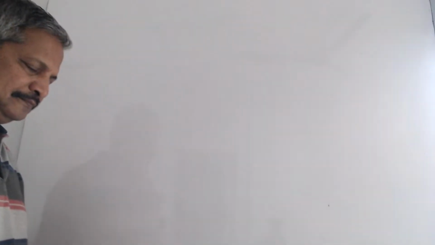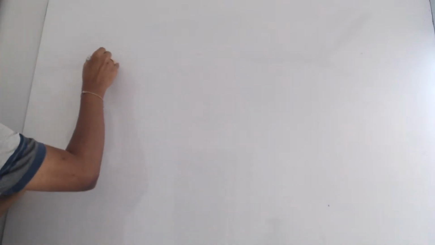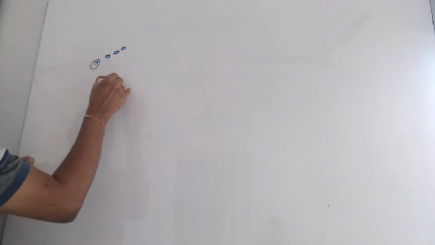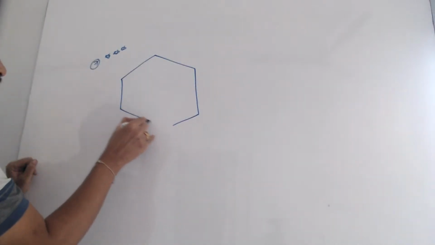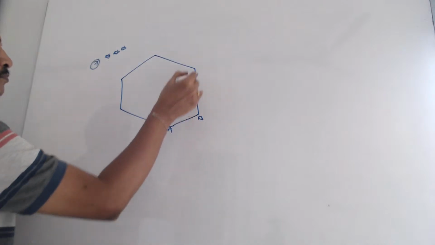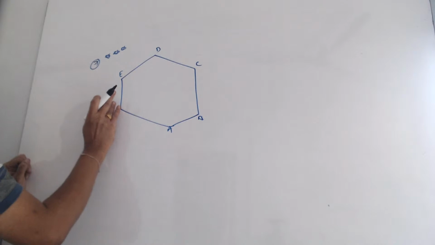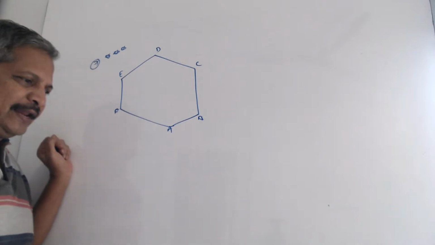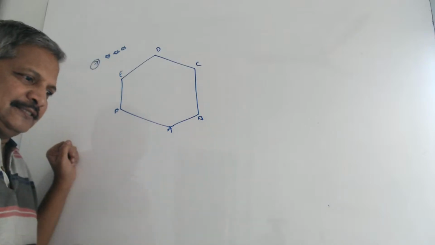Next thing, another very important one because many times they ask. A, B, C, D, E, F is a regular hexagon.